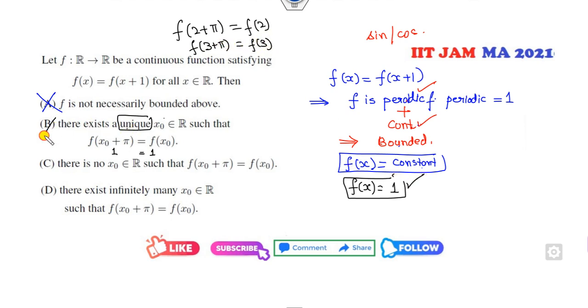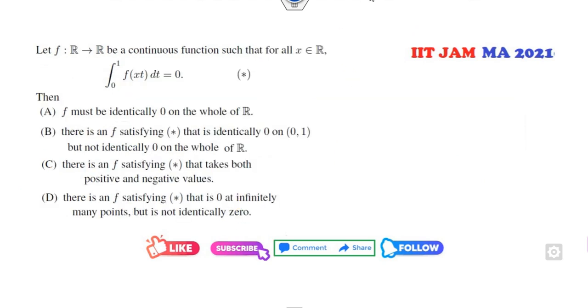So there does not exist a unique x naught. We may obtain many x naught. If I choose x naught as 3, then 3 plus pi works the same. So there exist infinitely many, because for a constant function the period is not defined. So D is my right answer.